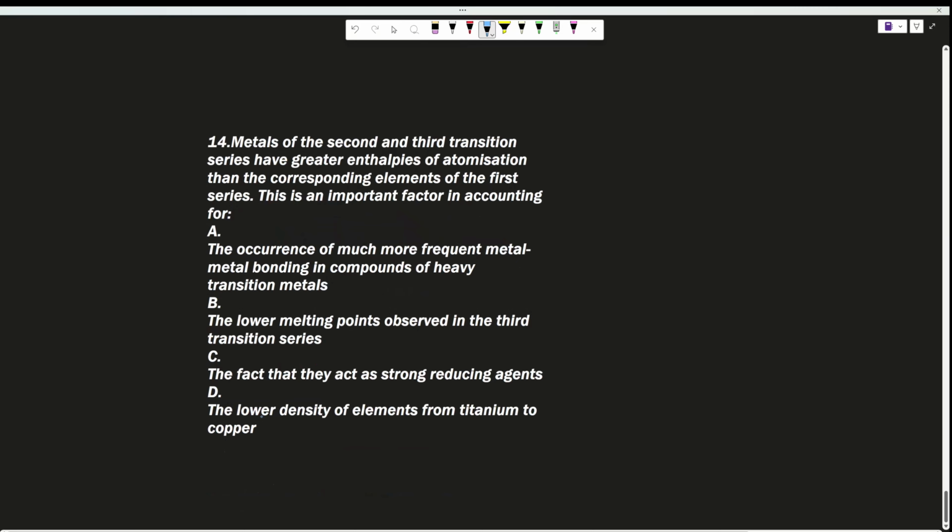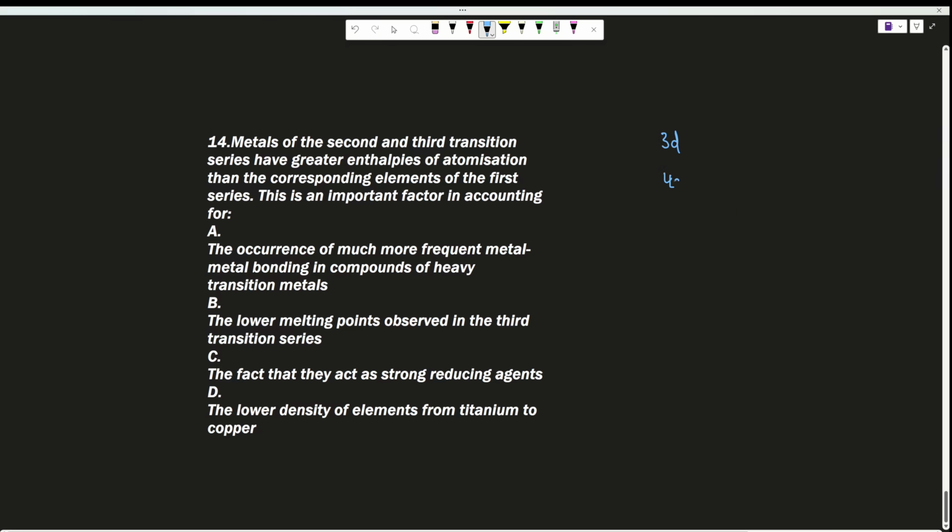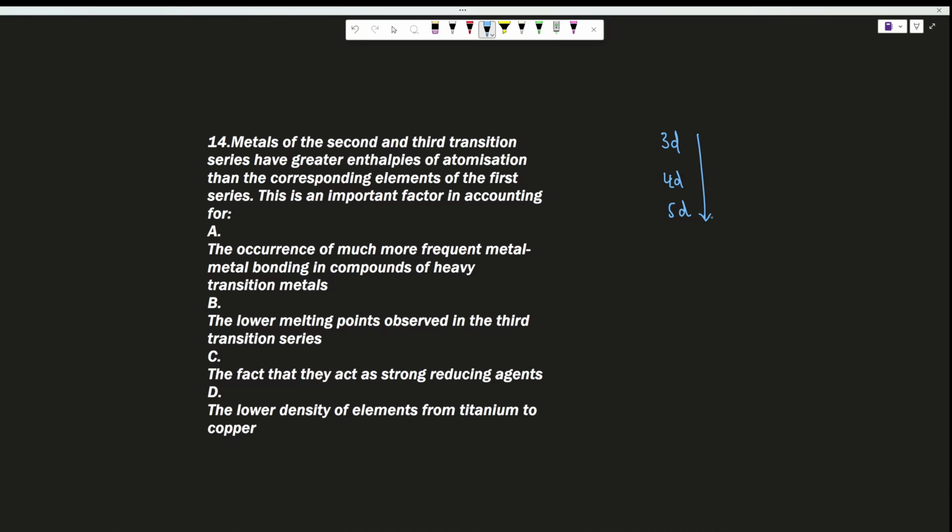Metals of the second and third transition series have greater enthalpies of atomization than the corresponding elements of the first series. This is an important factor in accounting for... See, as you move down, 3d, 4d, 5d, the metallic nature will increase, which means metallic bonding is also increasing. The metallic bond becomes stronger.